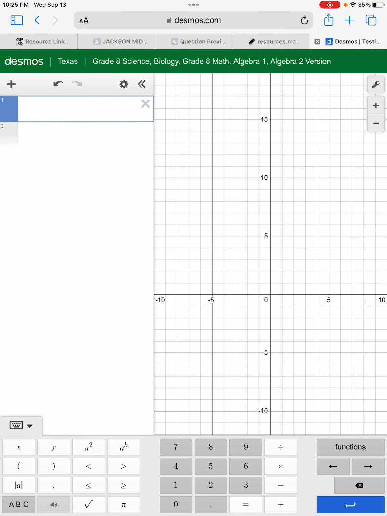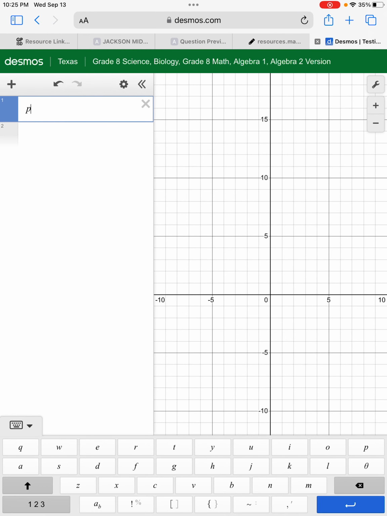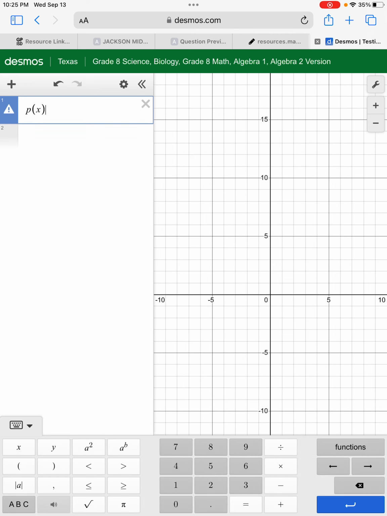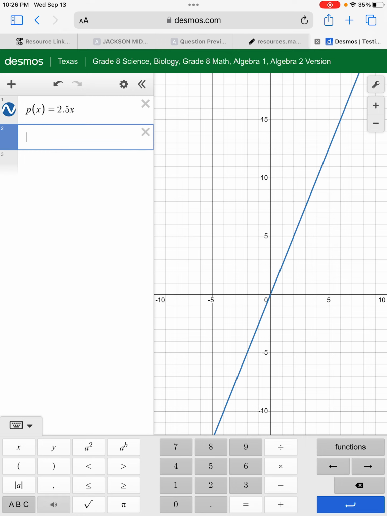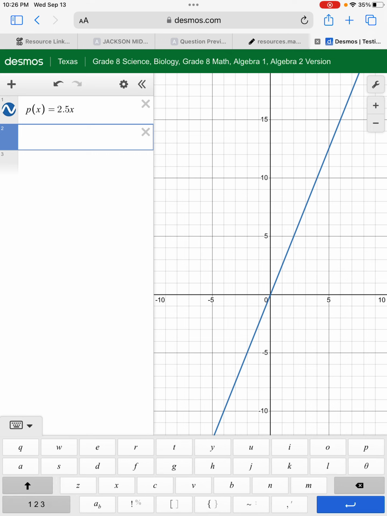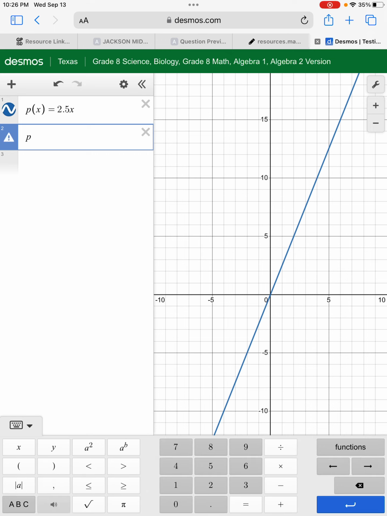In Desmos, we had p of x is equal to 2.5x. That's just the equation they gave us in the notes. And then it said, hey, plug in all of the domain values because Remy's not going to buy 100 pairs. She's only going to buy any pairs from 2 to 6. So I check what p of 2 is. p of 2 would give me 5.